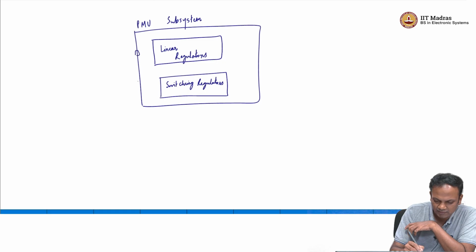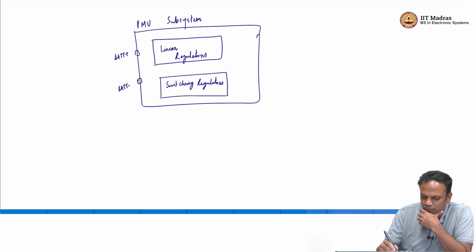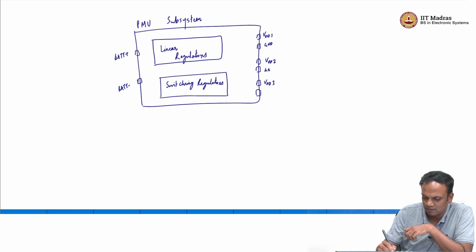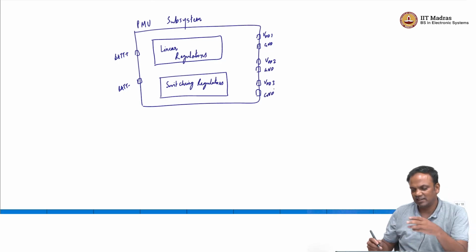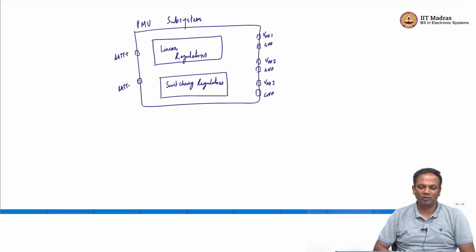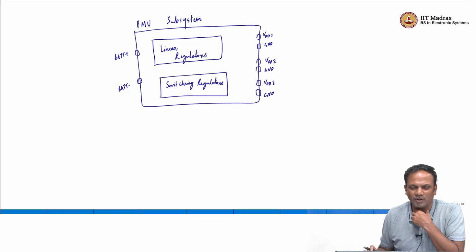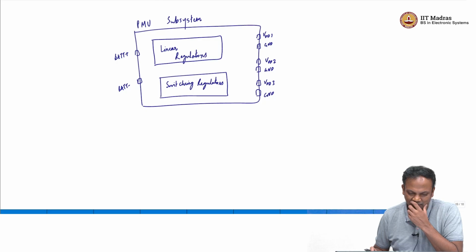It operates from the battery, and it produces maybe an array of different supplies depending on the number of regulators you have. So, VDD 1, VDD 2, VDD 3, ground 1, ground. So, it can generate a range of different supply voltages based on the number of instances you have of the regulators themselves, right.